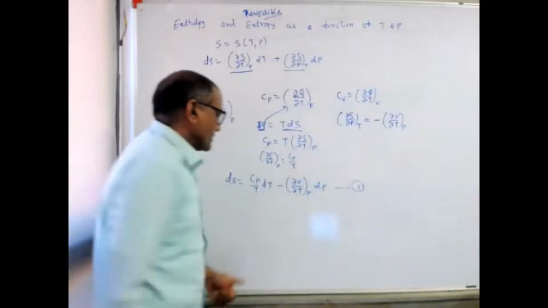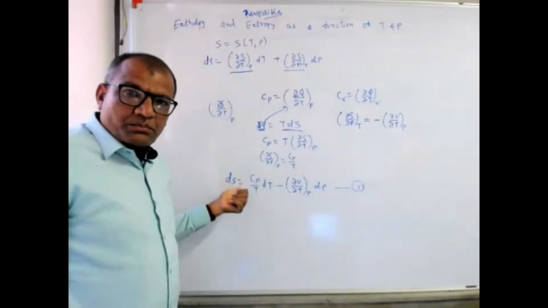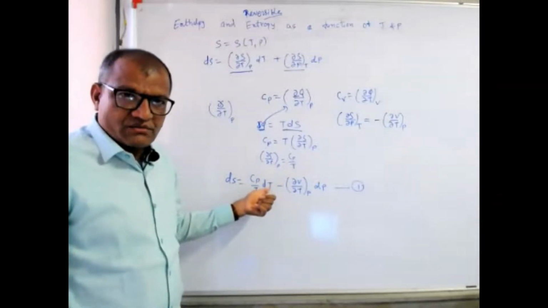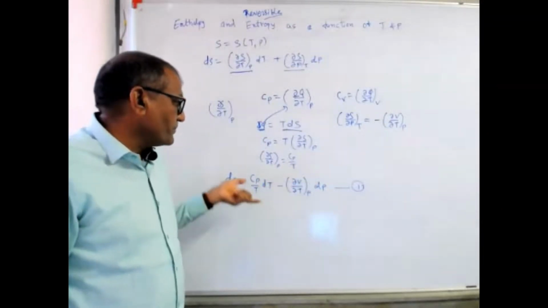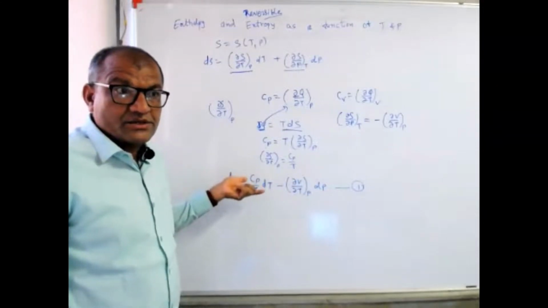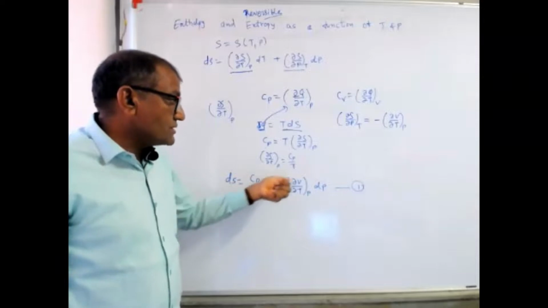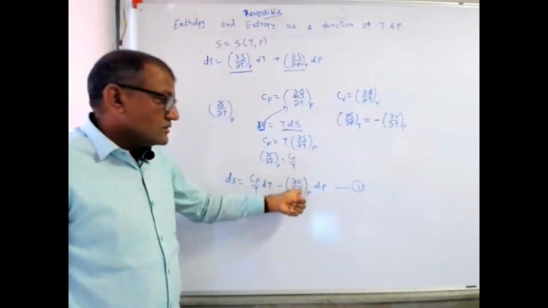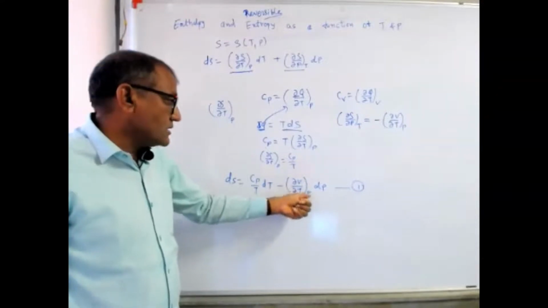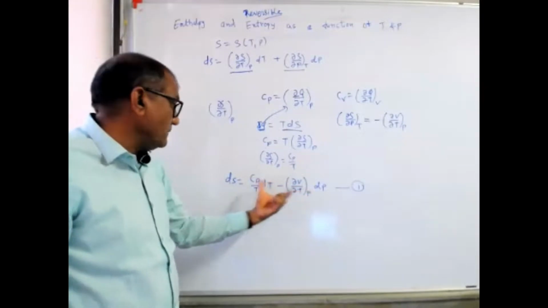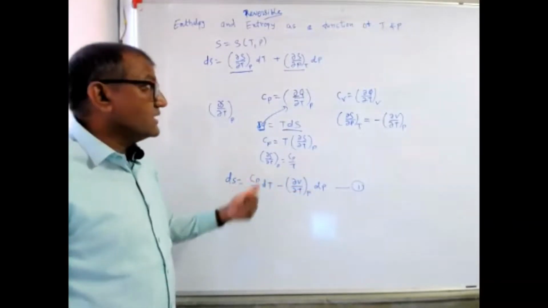This is the relation of entropy change in terms of two differential variables, temperature and pressure. Cp I can measure or get the data or equation for, as well as the change in volume with a small change in temperature at constant pressure. This data we can measure experimentally, and this is the equation of dS.